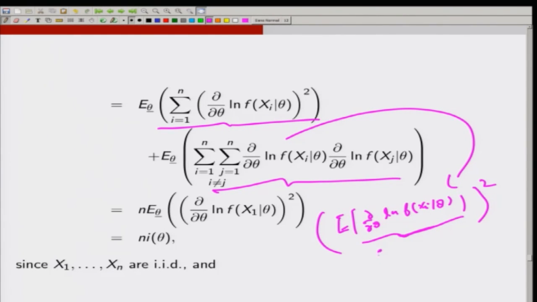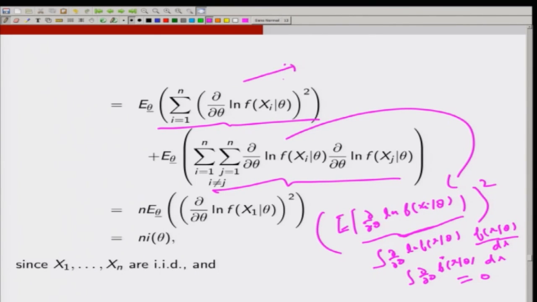This quantity would be 0, because this is the same as the integral of ∂/∂θ log f(x|θ) times the density f(x|θ), because I am talking about expectation, which is the same as ∂/∂θ f(x|θ) divided by f(x|θ), which gets cancelled with this, dx. And because of the regularity condition, we have seen that if I can pass the derivative sign under the integral sign, then this quantity would be 0. So that is why the cross product terms would be 0, and you get exactly this.